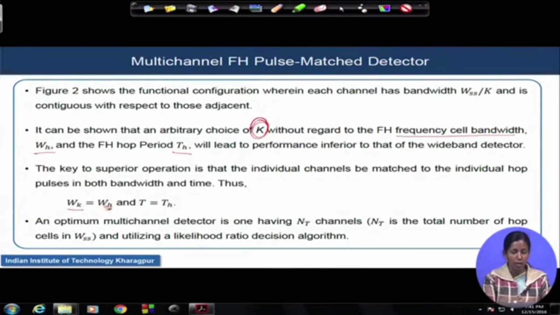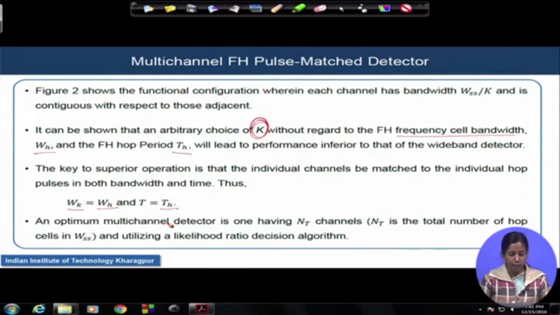The best or ideal option is to choose it according to the signal hopping bandwidth, and also in the time domain it should be matched, so the integration time of these independent detectors will be matched with the hop duration.